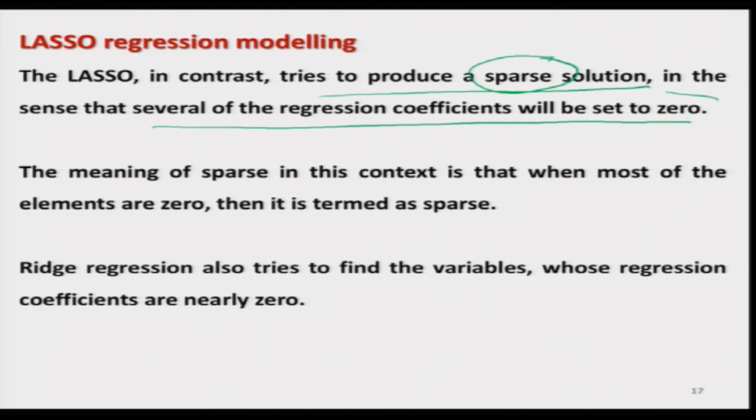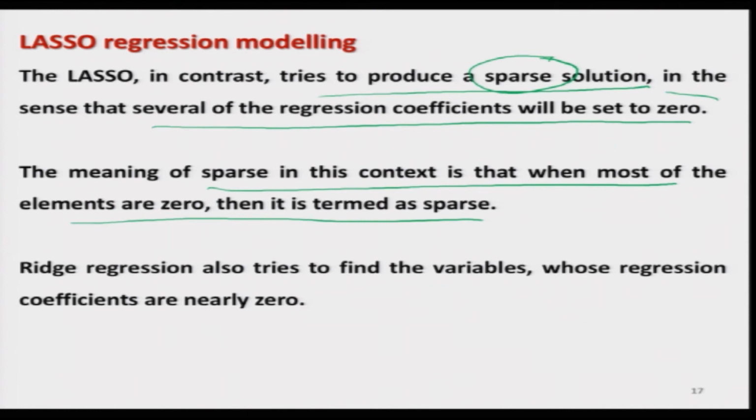The meaning of sparse in this context is that most of the elements are 0, and that is why it is termed sparse, and this is exactly what we want. We want a procedure which can inform us that these many regression coefficients are close to 0, and hence after that I can choose only those variables whose corresponding regression coefficients are not close to 0.